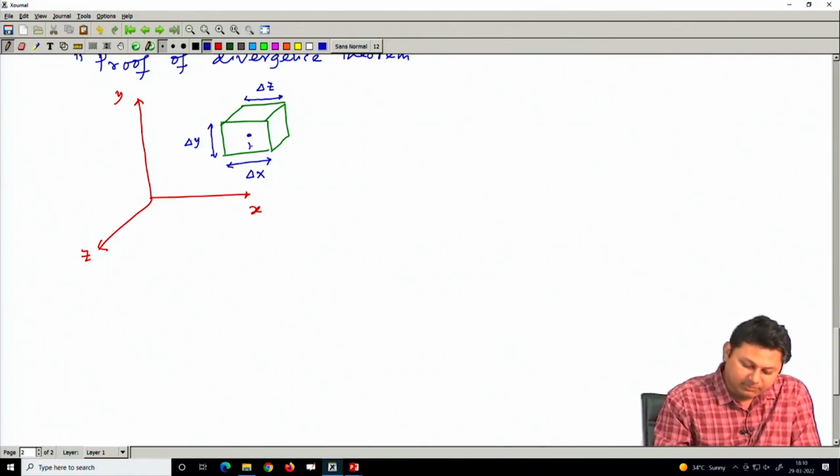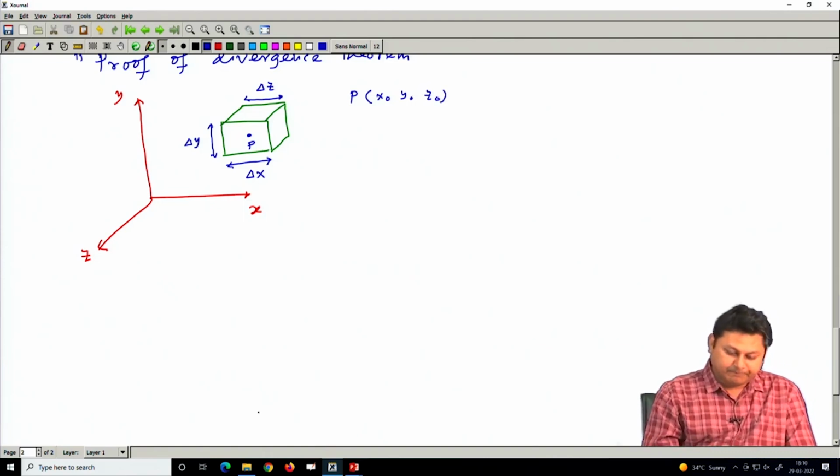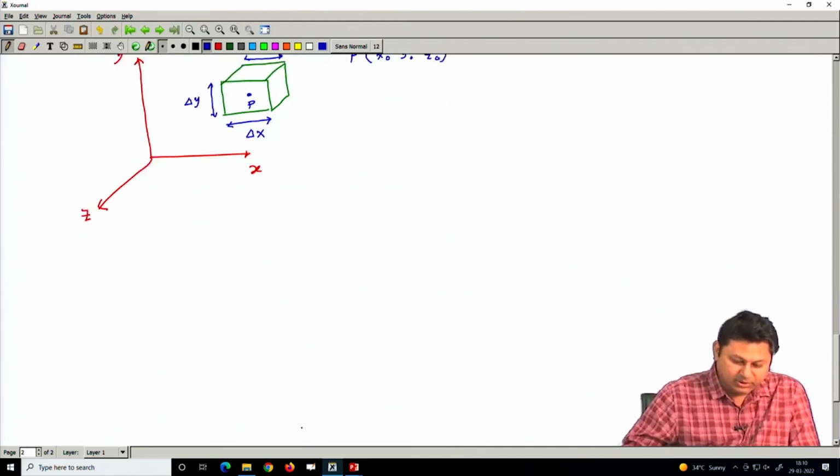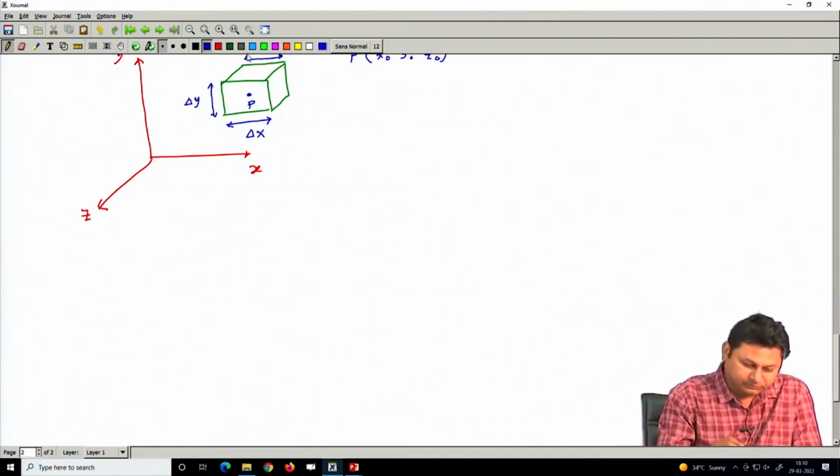So, these are the 3 lengths we have, and exactly at the middle point here, suppose this point is P, the coordinate of P say is x0, y0, z0. Fine. Now, I want to calculate first the total surface integral.